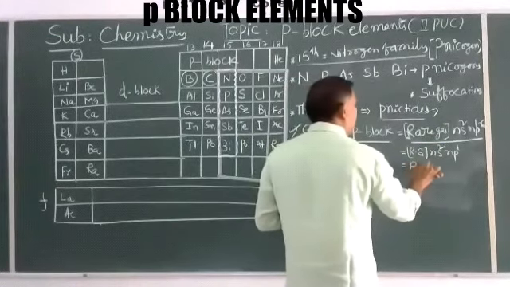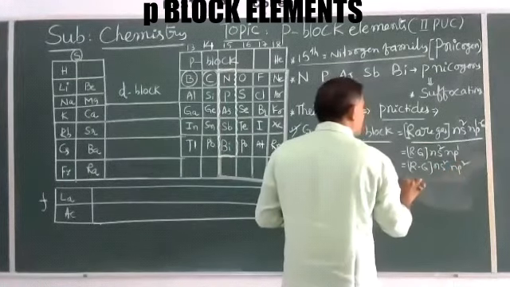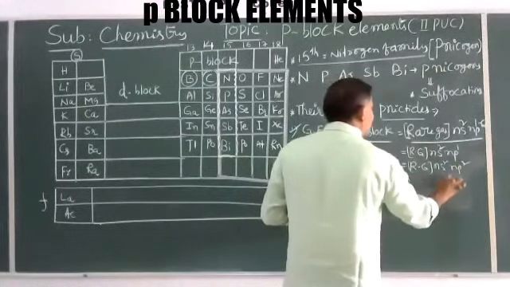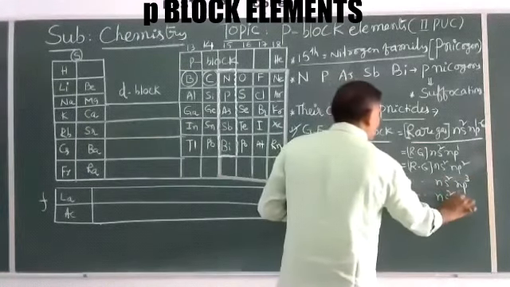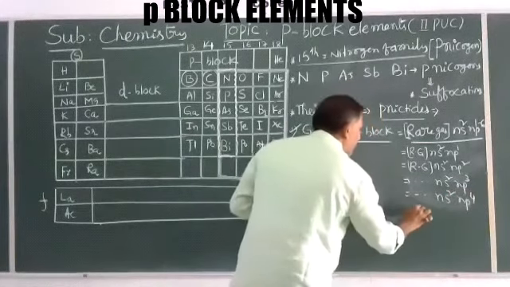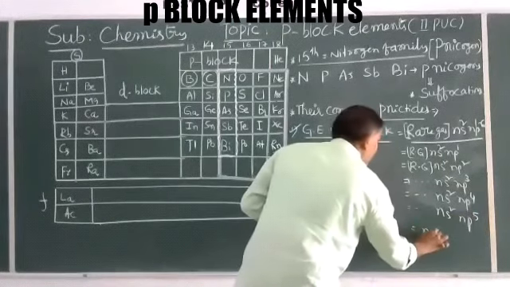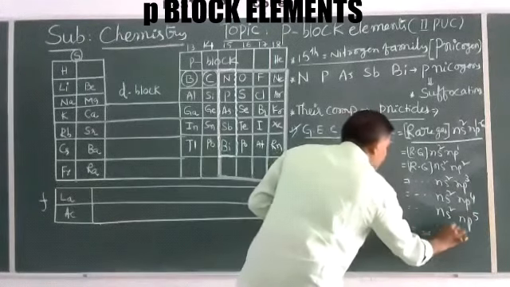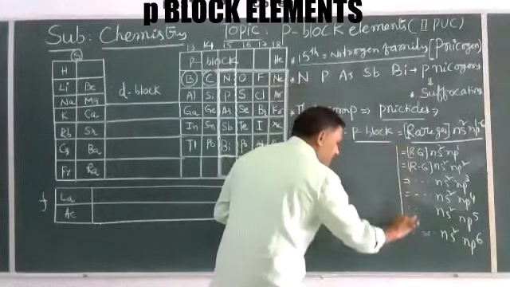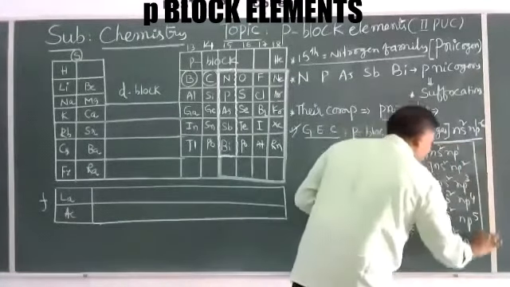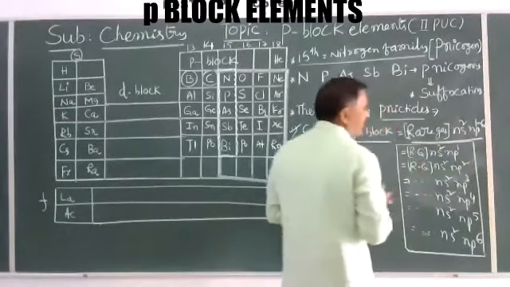Then rare gas ns2 np2, ns2 np3, ns2 np4, ns2 np5, ns2 np6. So once we observe their general electronic configuration, here ns2 np1 to 6 is there.